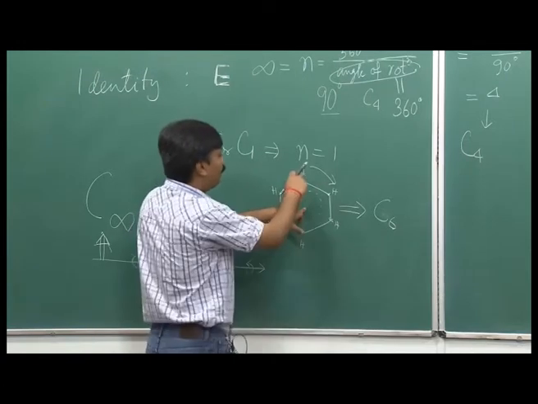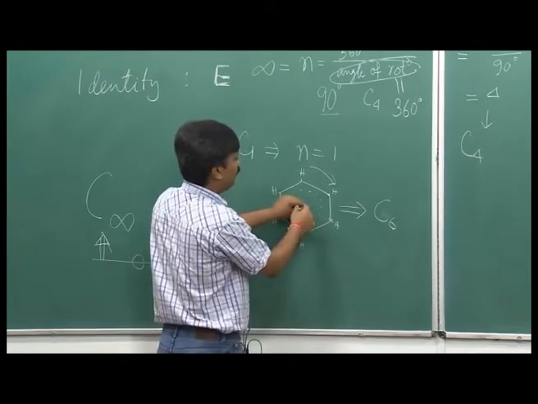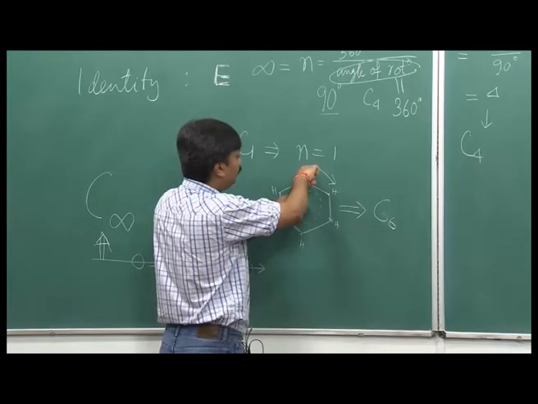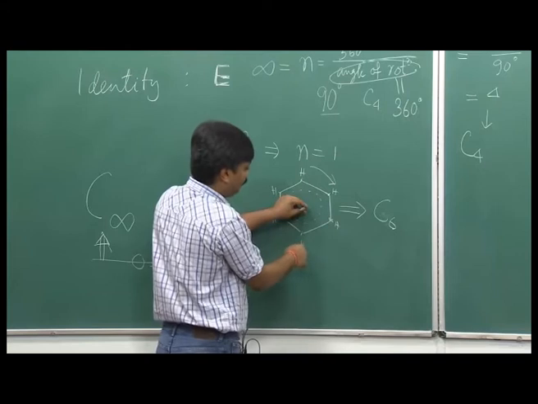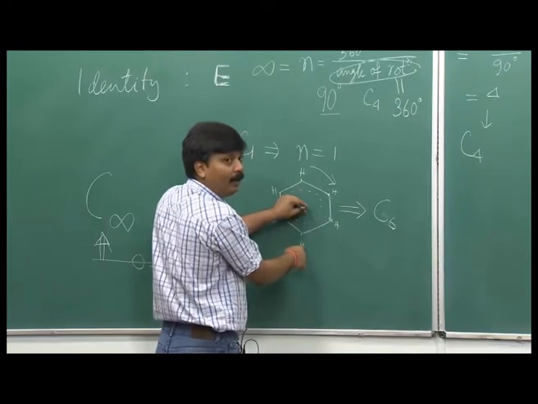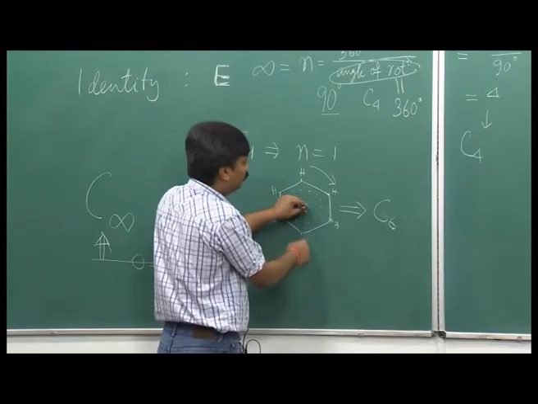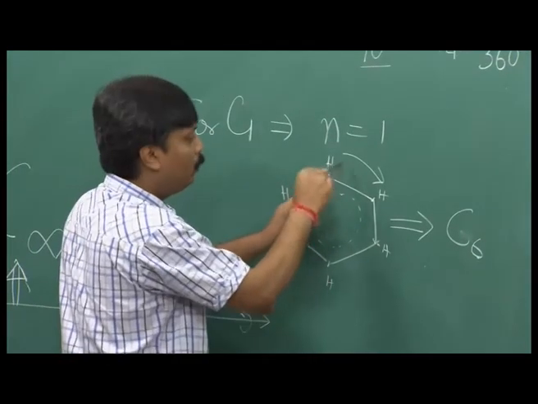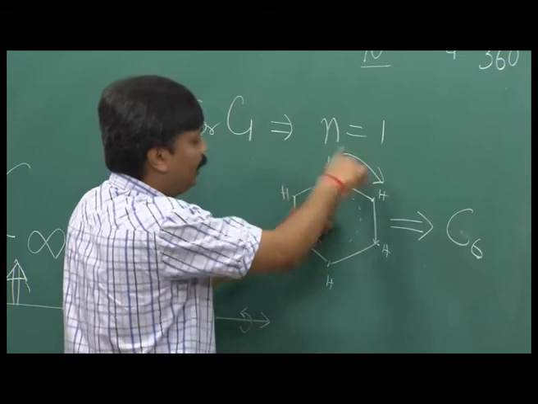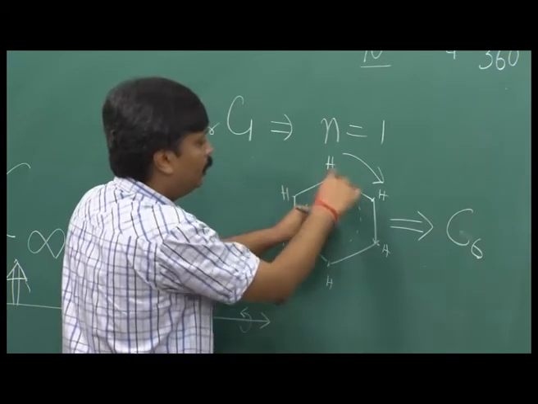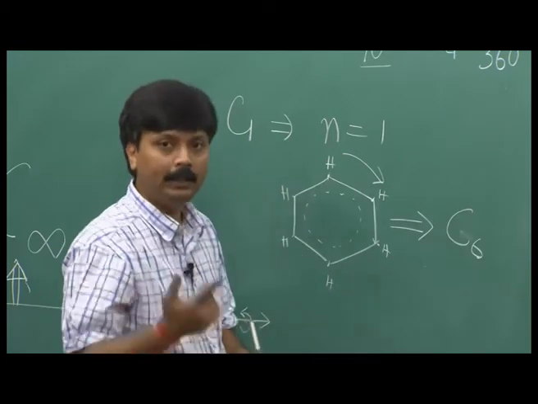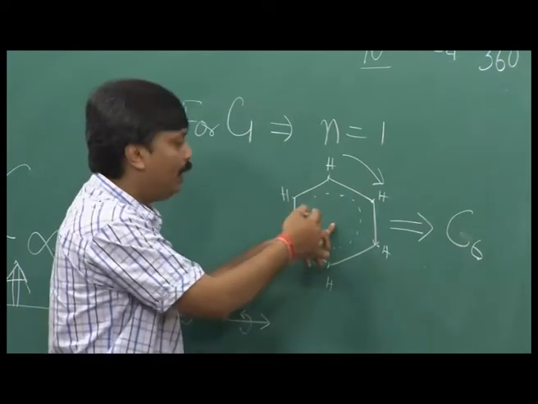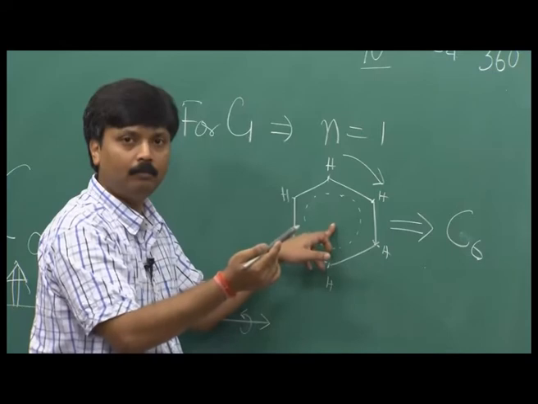Now, if you want, you can have an axis here, and you can rotate in such a way that this H comes here, that is, I can have a 180-degree rotation, right. So, this 180-degree rotation about this axis without going through this. So, directly you rotate and bring it here, do not stop here. So, this is a C2 axis, right. So, C2 and C6 are about the same axis.